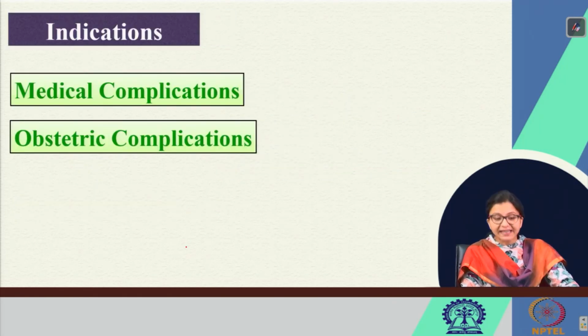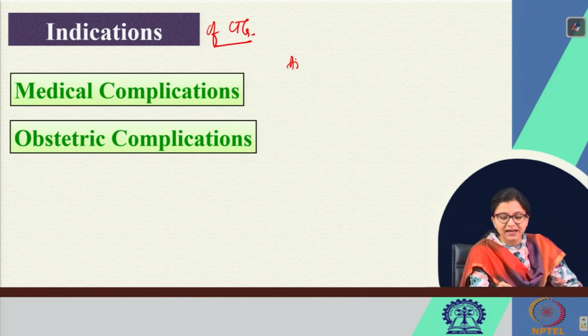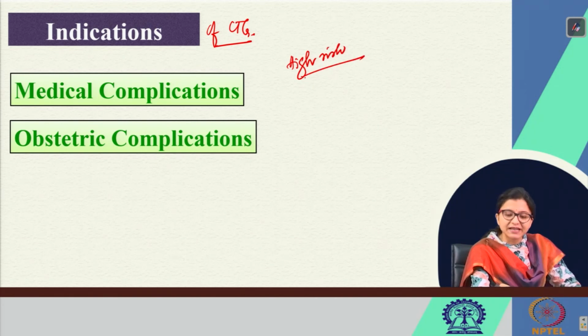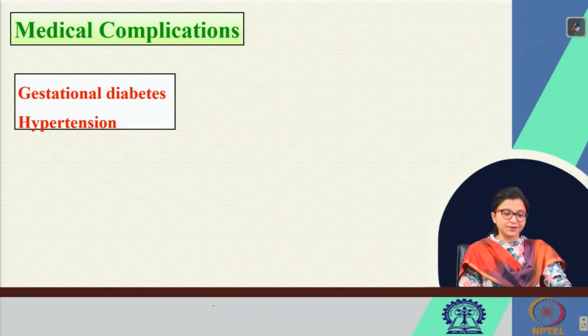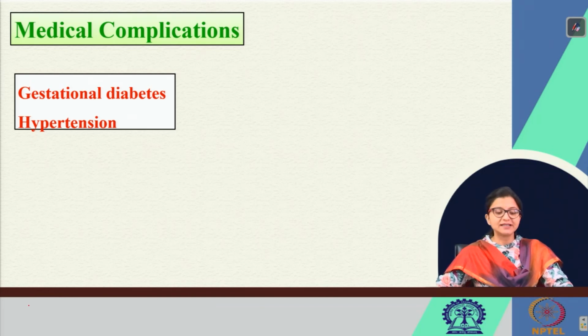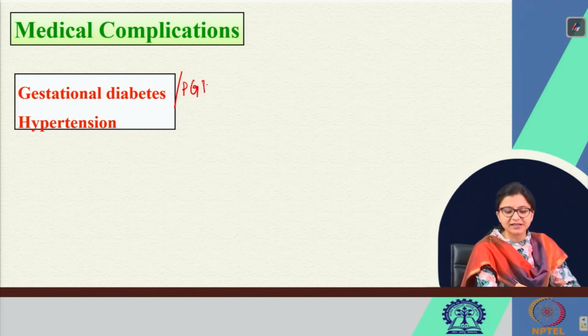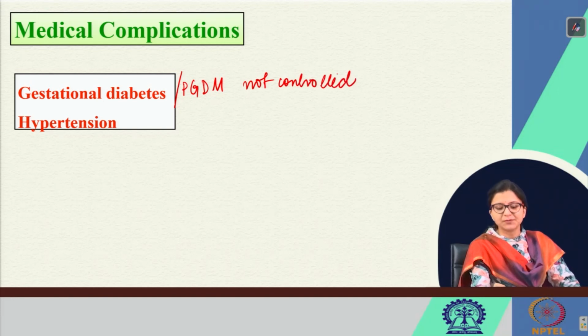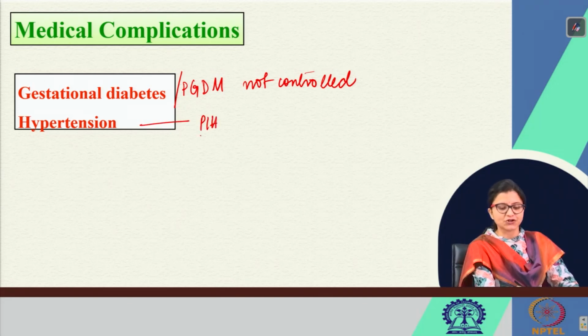Now, coming to the indications of CTG. These are the high risk group, meaning they have some complication, medical or obstetric. What are the medical complications? In case the mother has gestational diabetes or pre-gestational diabetes, not controlled. Every complication when it is not controlled in pregnancy: hypertension, PIH, BP not controlled.